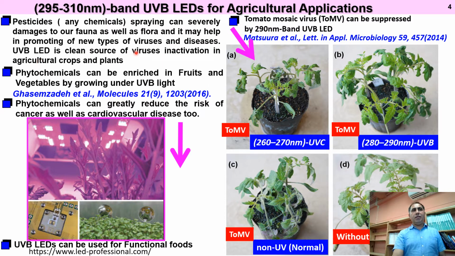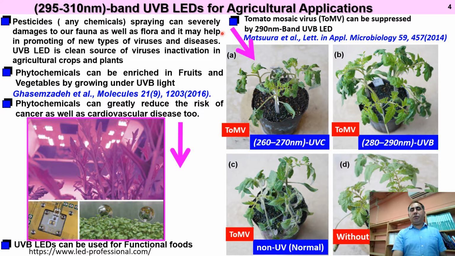UVB LED is a clean source of virus inactivation in agriculture crops and plants, and also we can enrich phytochemicals in plants and in some fruits and vegetables by growing them under UVB light. And also we can use UVB lights for functional foods, which is very important for human health.